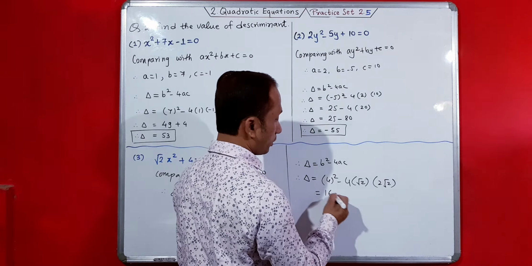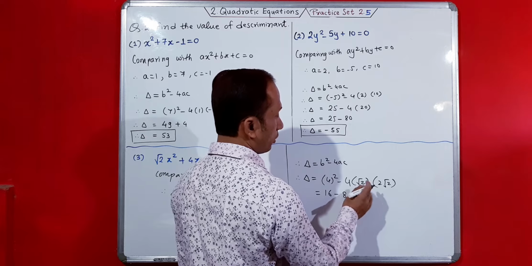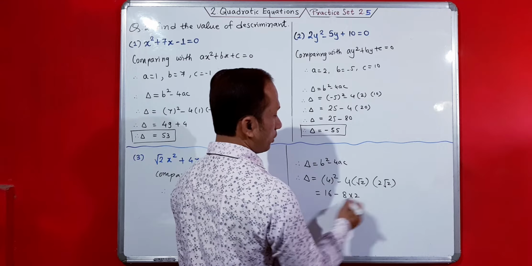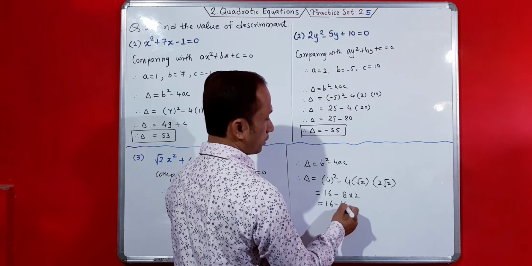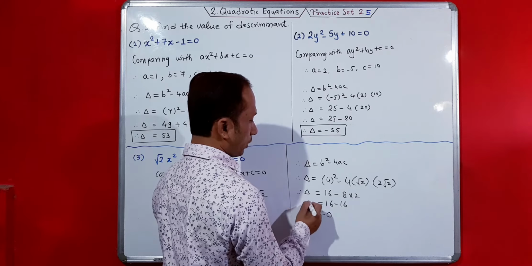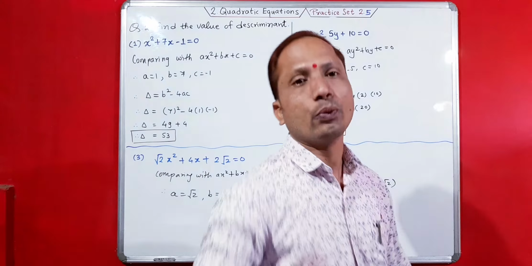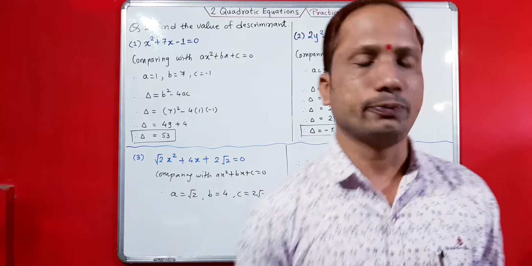It is 16 minus 4 into 2 is 8, root 2 into root 2 is 2, so this is 16 minus 16, it is 0. So value of discriminant delta is 0. This is the last problem from question number 2. We have solved all 3 questions and now we are going to solve question number 3.